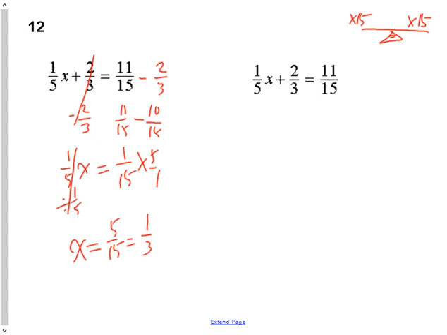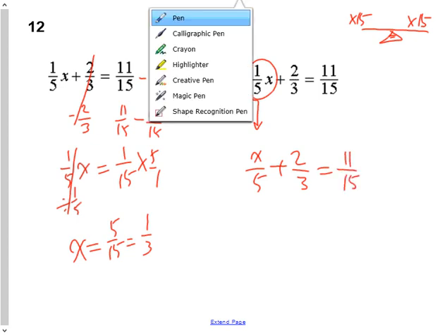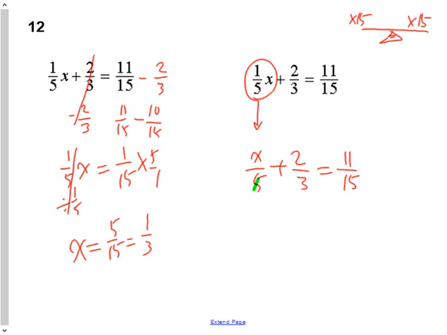So if I first take this expression and rewrite the whole sentence out like this, and then I ask myself, what is a common multiple of all the denominators? So what's 5, 3, and 15? If I think about a multiple of all those, the first multiple they share is 15.